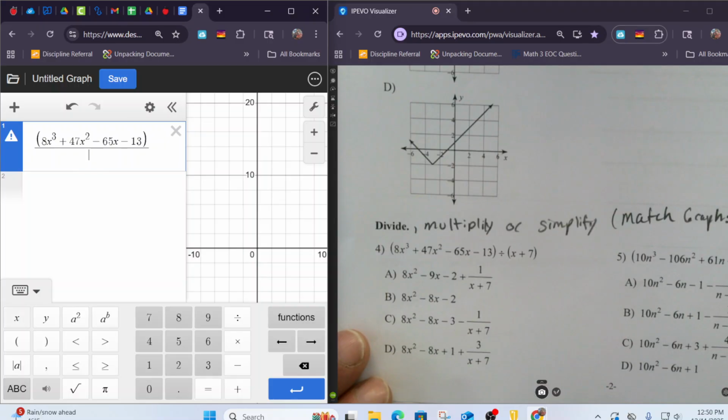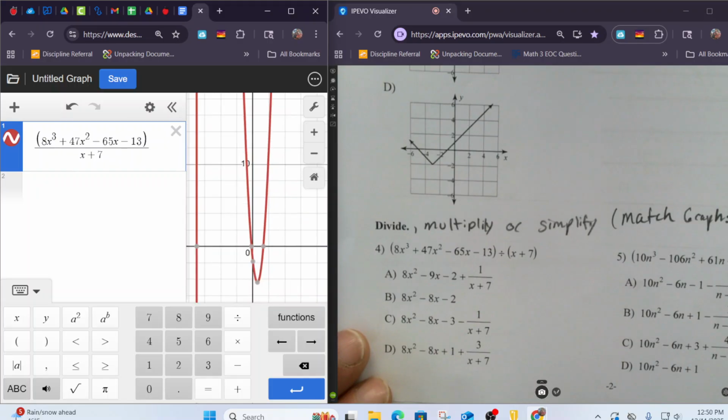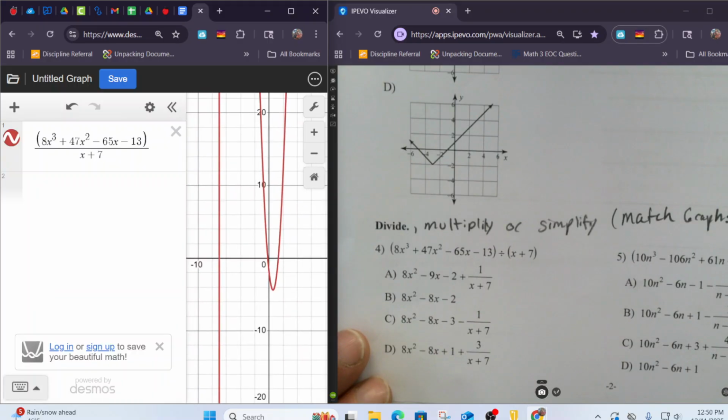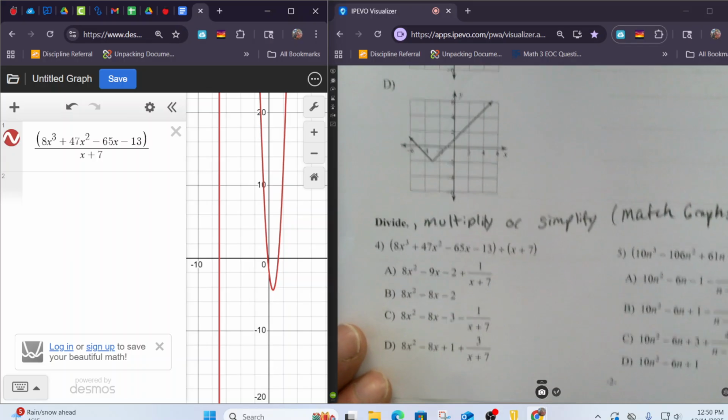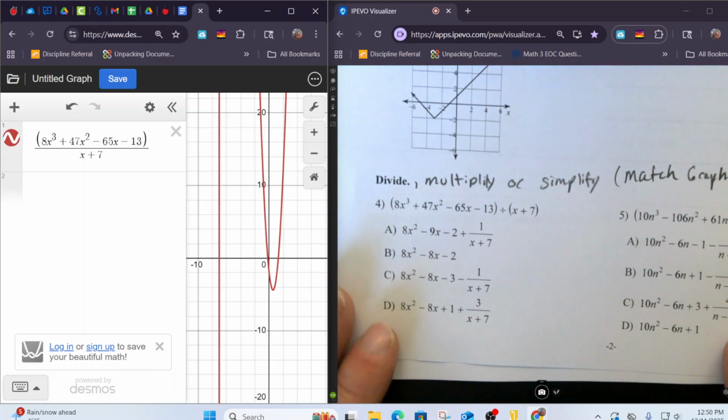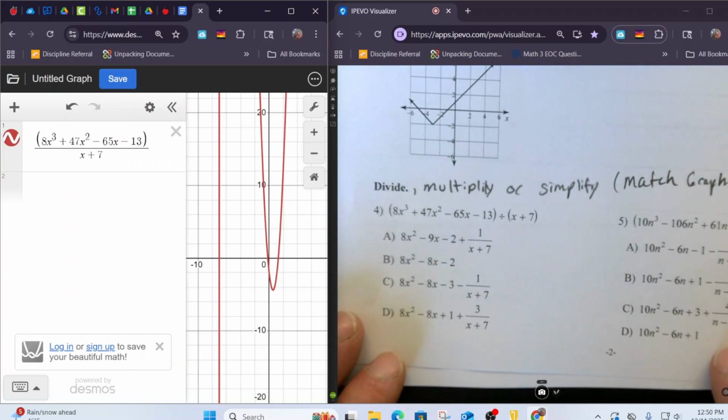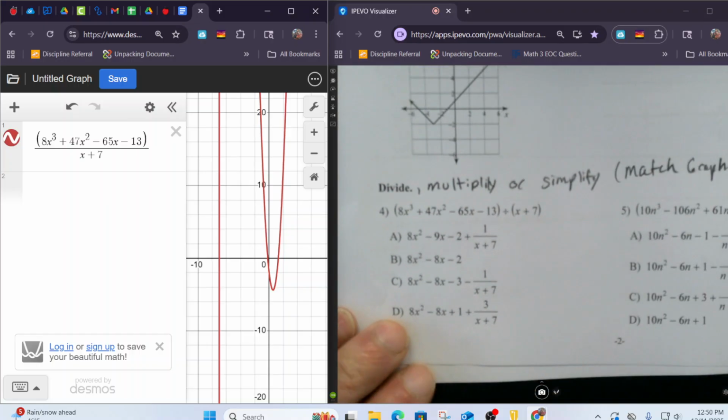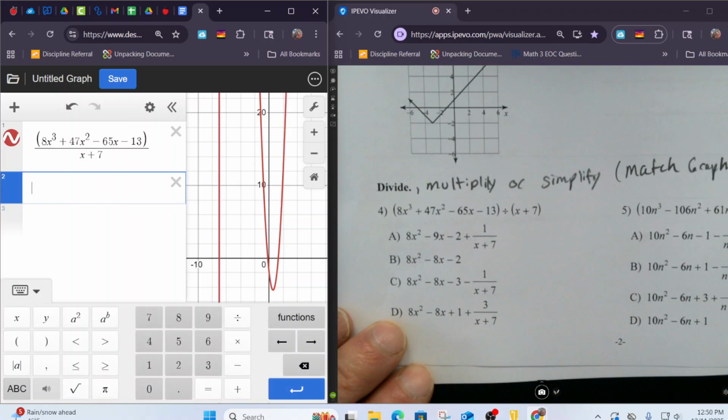And then x plus 7. Now, what I would do, guys, is my original is the red graph. I would just start with the easiest one to type in, or if you want to go in alphabetical order, that's fine. I'm just going to start with the easiest one to type in, which is going to be B.